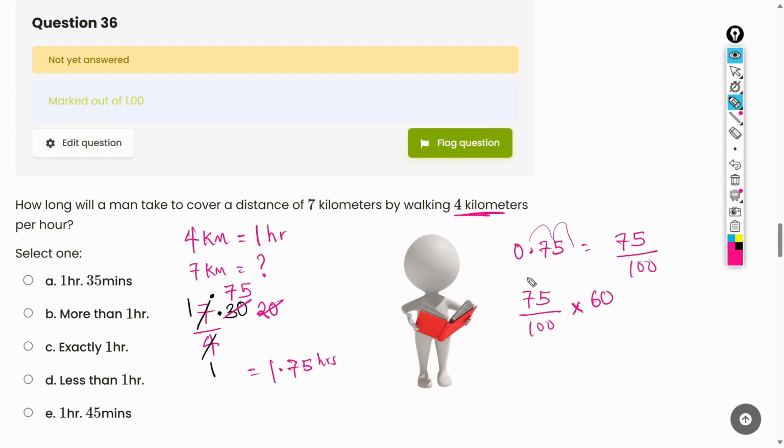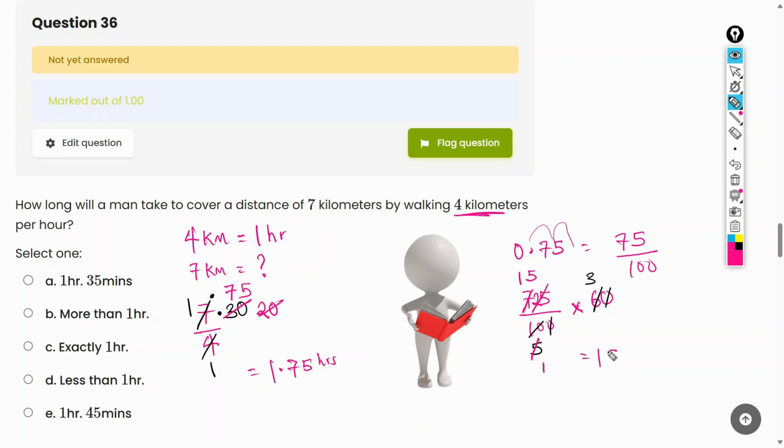it is 0.75 hours. So if we do that, 0 cancels 0, which is the same thing as dividing by 10. And then 2 into 6 is 3. 2 into 10 is 5. And then 5 into 5 is 1. 5 into 7 is 1 remainder 2. 5 into 25 is 5.